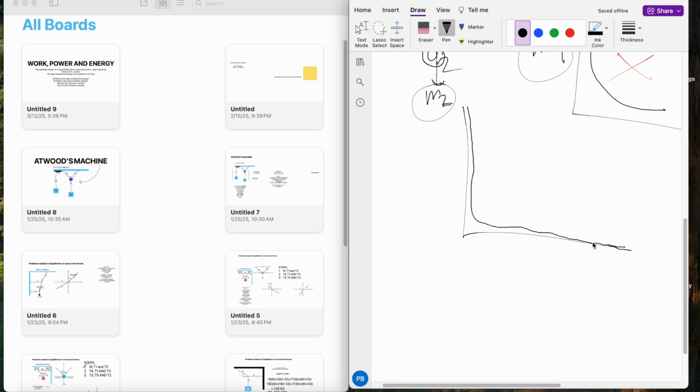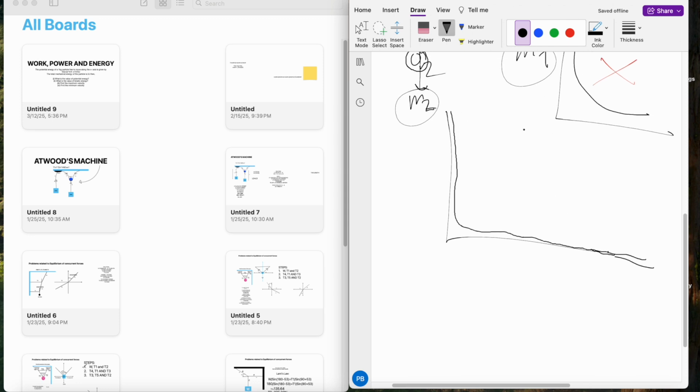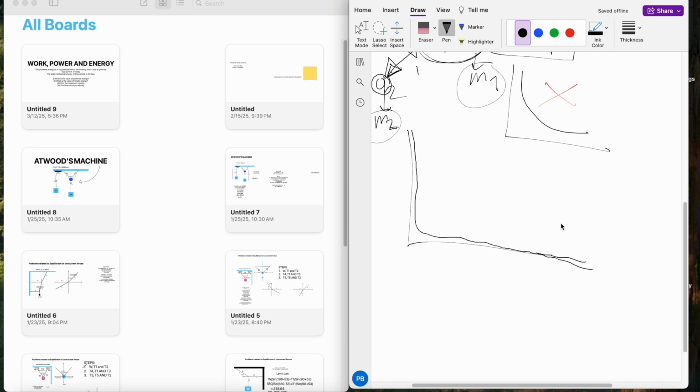It looks like it is touched, but it's not touched, and it will continue till infinity and will never meet. So that is the actual graph of this, right?